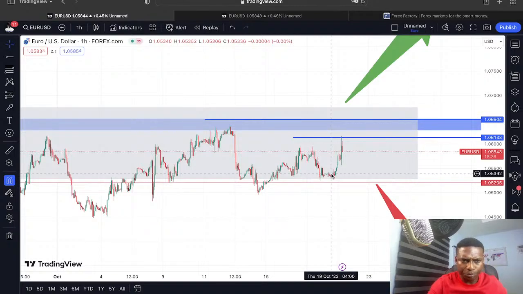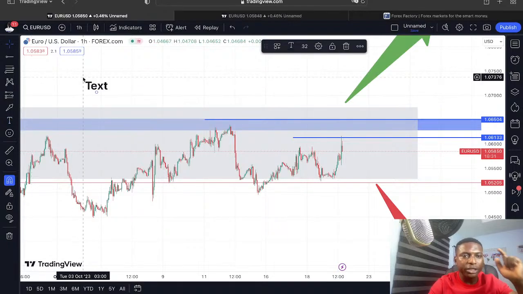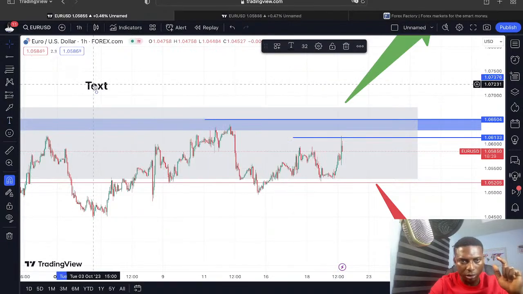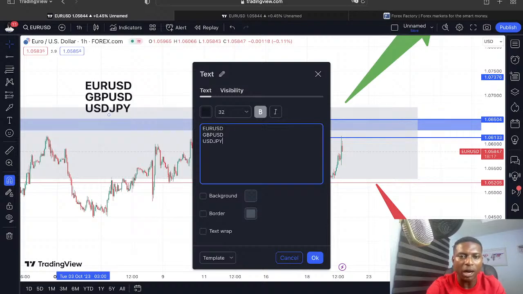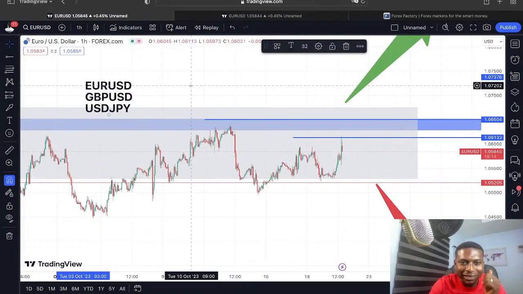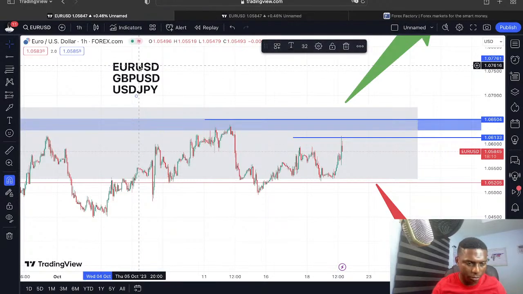So what do you do? For me, I trade just three currencies, which are Euro USD, GBP USD, and USD JPY. These are the three major currencies I trade.